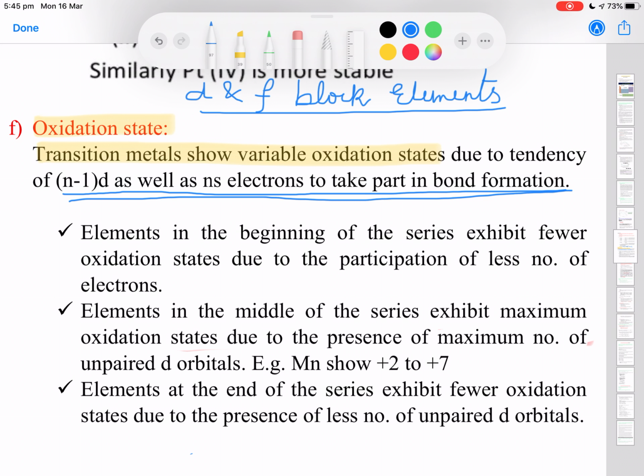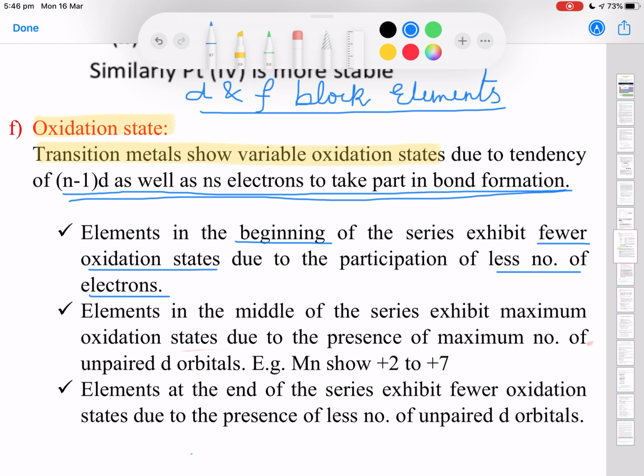Okay, now another important thing is the elements which are in the beginning of the series, they exhibit only few oxidation states. That is because they have a very less number of unpaired electrons in the d orbital, like scandium, titanium, vanadium.